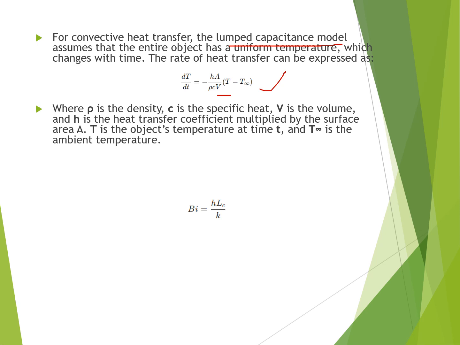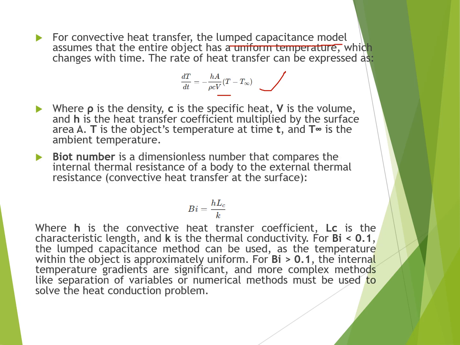But there's another concept to this formula: it is only applicable when Biot number is less than 1. Biot number is what? It is a dimensionless number that compares the internal thermal resistance to the external thermal resistance of the body. This h is your convective heat transfer coefficient, Lc is the characteristic length, that is volume divided by area, and k is the thermal conductivity.